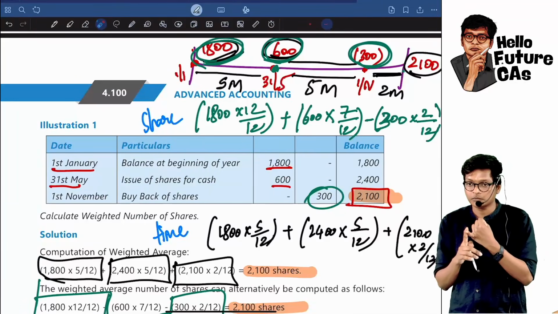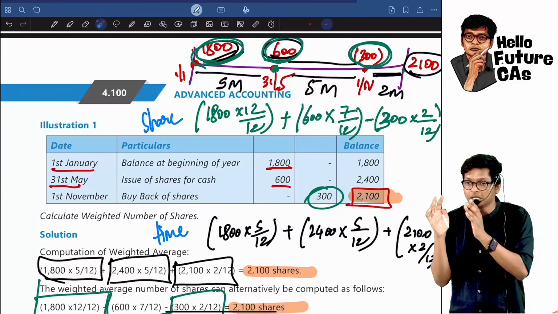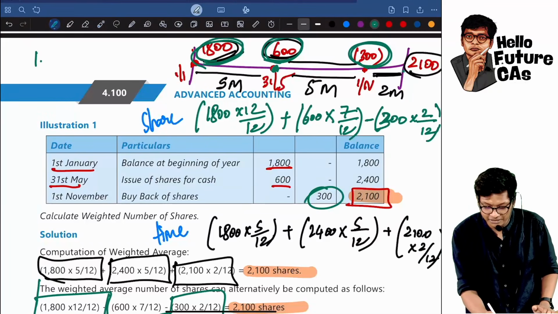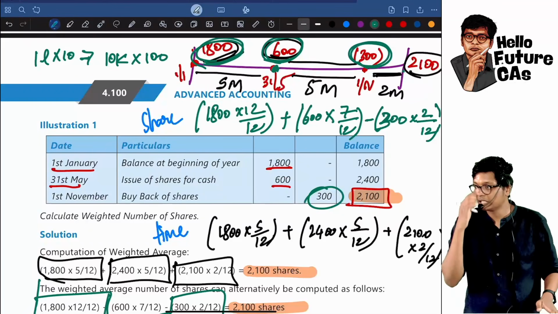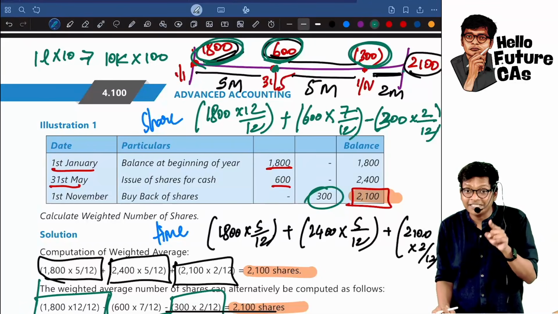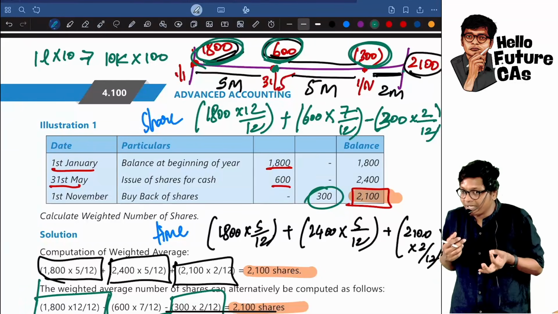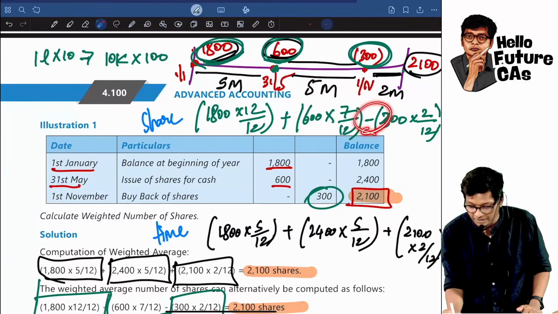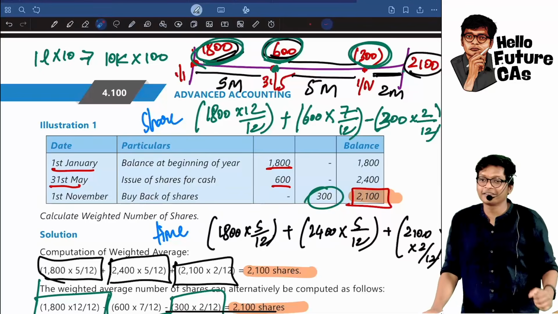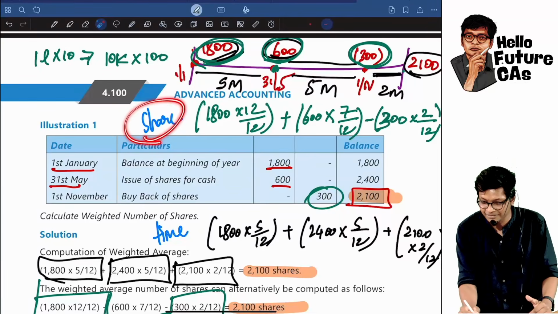Buyback. Consolidation of shares. What do you mean by consolidation of shares? 1 lakh shares of 10 becoming 10,000 shares of 100. Are you following? So whenever the quantity of shares is going to decrease, a negative will come. So in share basis, that is one problem.